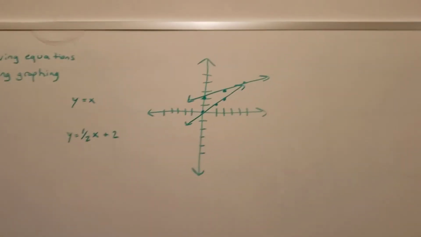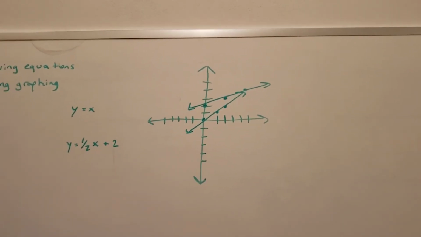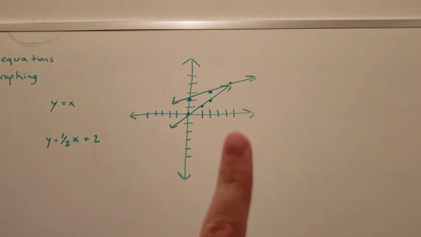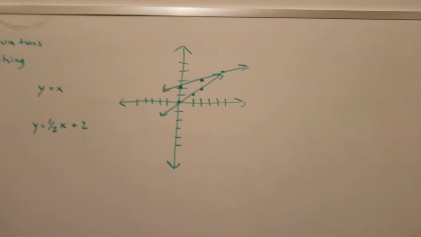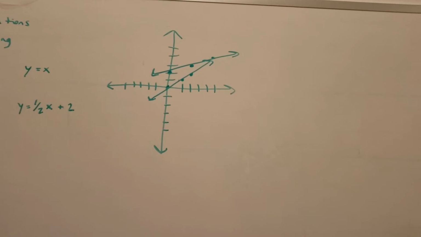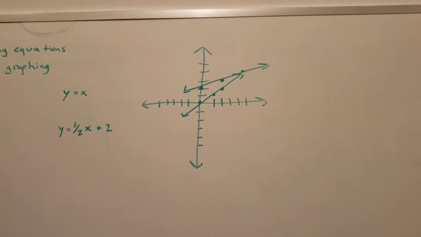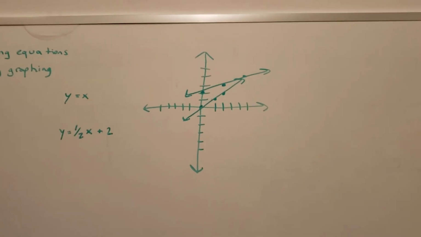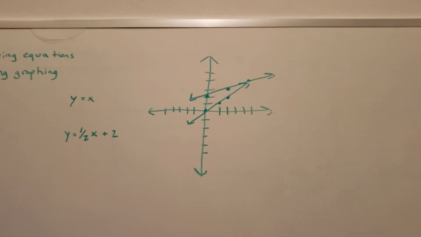You could go to this graph, go to the x value of 3, which would be right over here, and go up until it hits the line, and that would be the y value for that x value. So in that case, y would be 3, right? 3 equals 3.